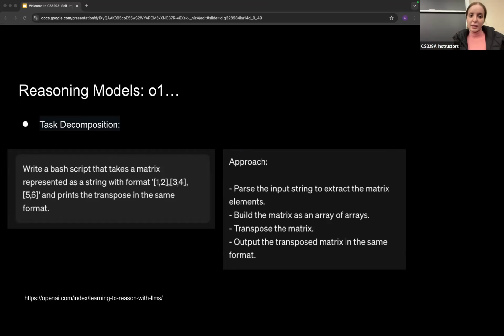Then in this example, the model is doing task decomposition. It breaks down the steps needed to solve this problem. At first, it says let's parse the input string to extract the matrix elements, then build the matrix as an array of arrays, transpose the matrix, and then output the transposed matrix in the same format. So this is an example of how the breakdown is done by the model.